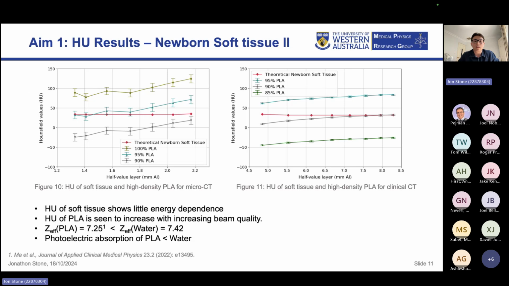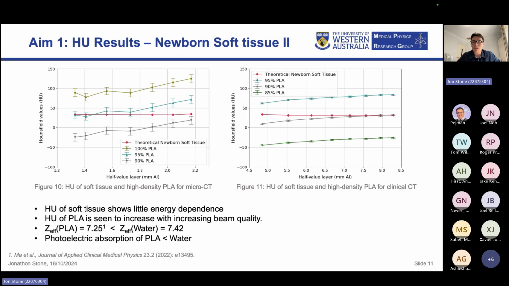Now if we plot them against the beam quality, in this case the Hounsfield units against the half value layer, we can see that soft tissue, the theoretical soft tissue was calculated as well, exhibits almost no energy dependence at all. And that's expected because soft tissue is mostly water equivalent. So we won't see any difference in HU with increasing beam quality.